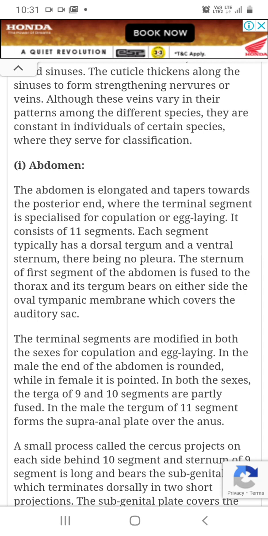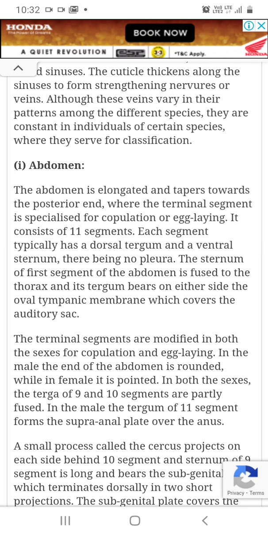Each segment typically has a dorsal tergum and ventral sternum. The abdomen does not have lateral sclerite called the pleura. The sternum of the first segment of abdomen is fused with the thorax and its tergum bears on either side the oval tympanic membrane which covers the auditory sac.